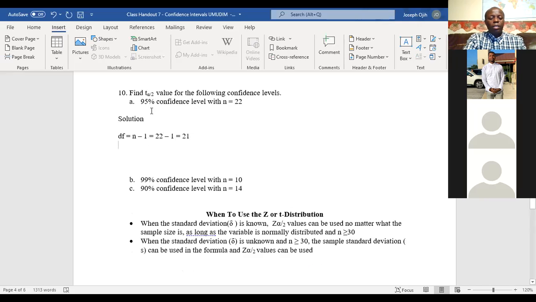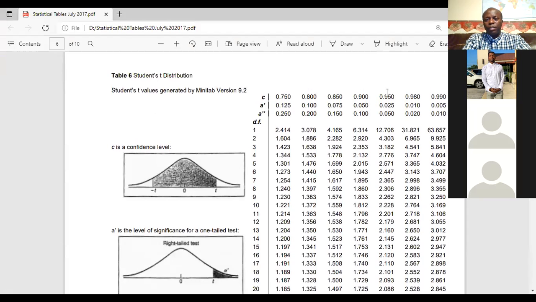That means t alpha over 2 found from the table of T distribution will become, for 95%, 0.05, the chance to be wrong.